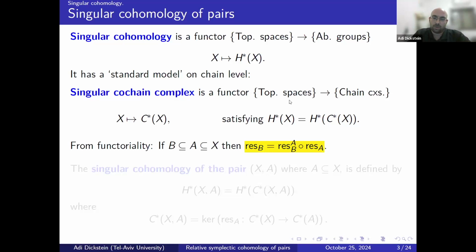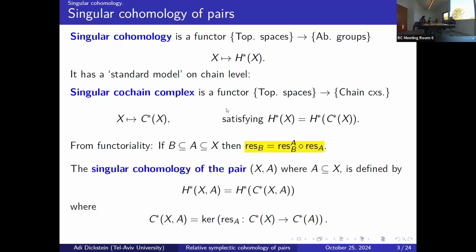The complex of a pair is defined to be the kernel of the restriction map from X to our subset, and then we just have to take the cohomology of this complex. So this is the notion.